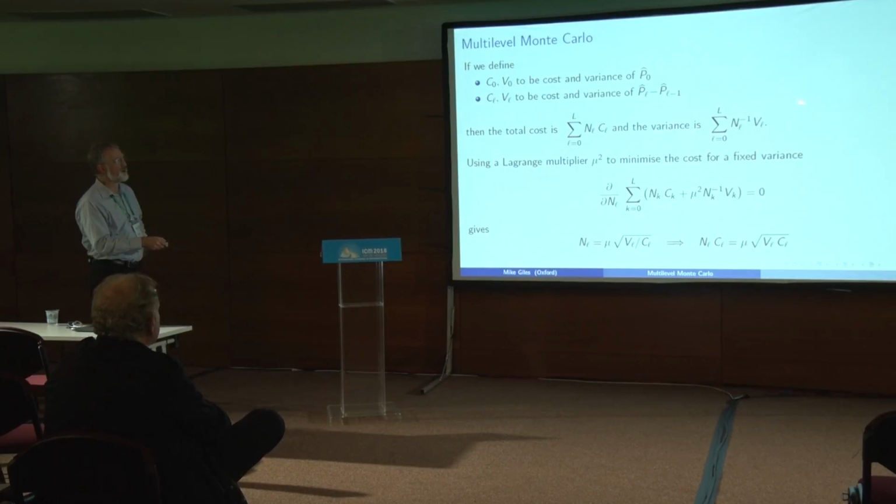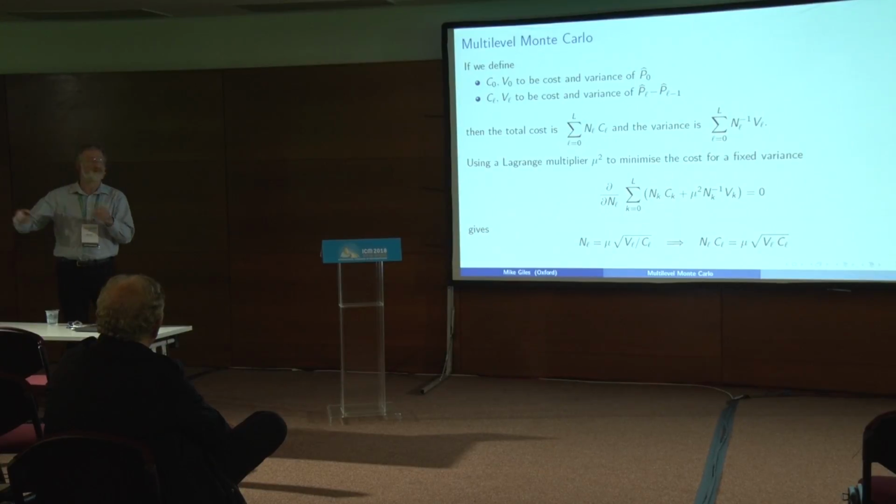And the overall variance, because we're doing independent estimation on each level, the variance of the sum over the levels is just the sum of the variance on each individual level. And on each level, the variance is the variance of a single sample divided by the number of samples.